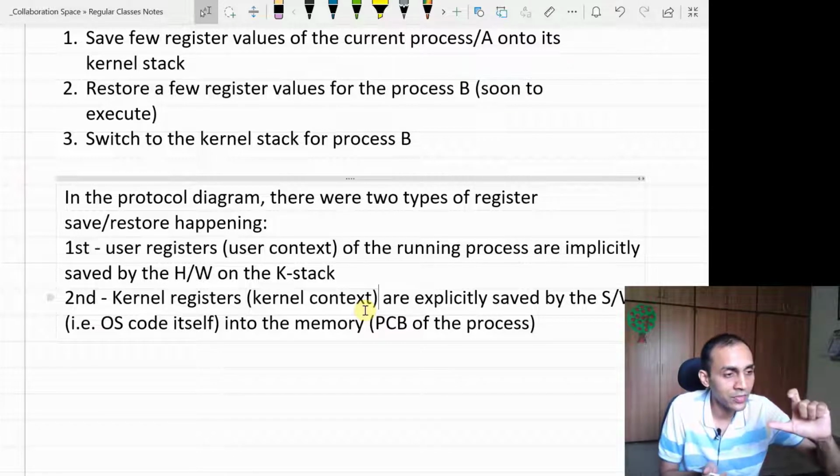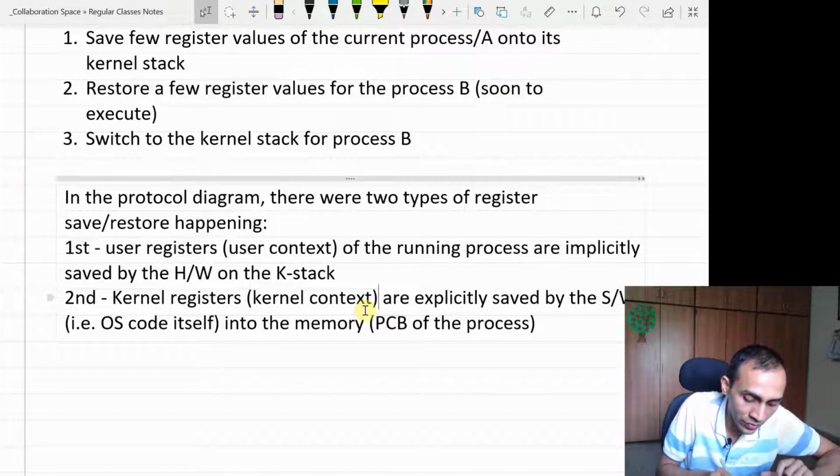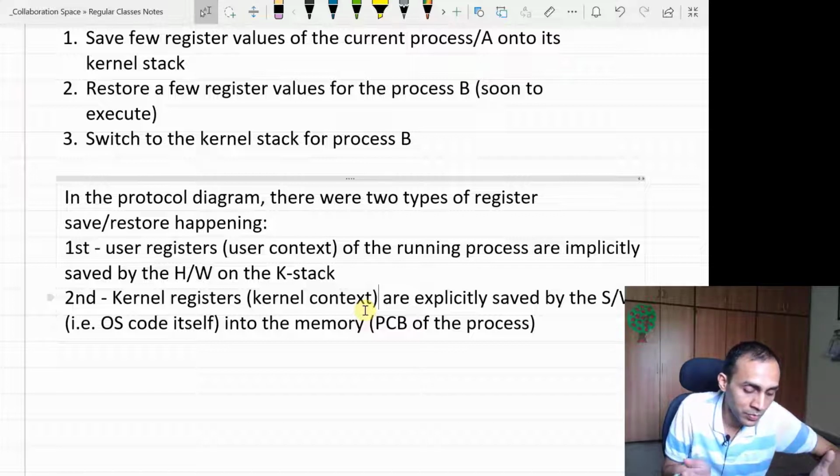But the kernel context has a lot more information about that process, which the process itself does not need to know, but the OS keeps track of it for every process. All that information is saved into the PCB, because when this process has to resume, the OS should know it and will restore those values from the PCB.